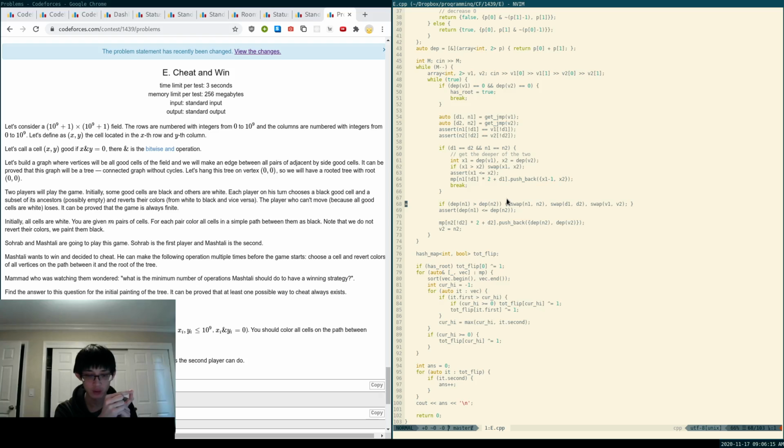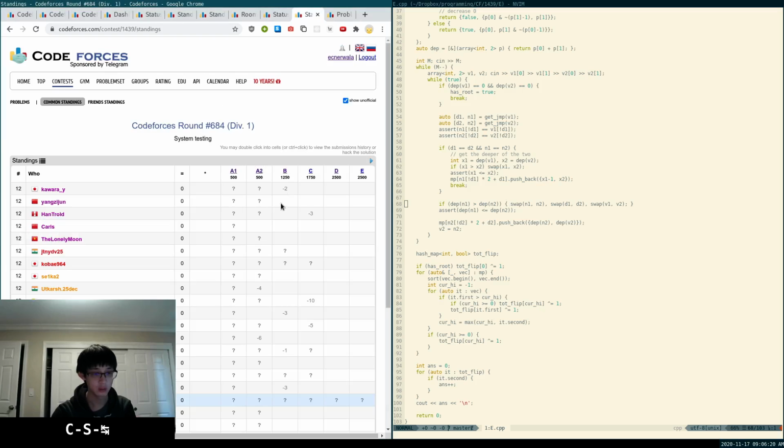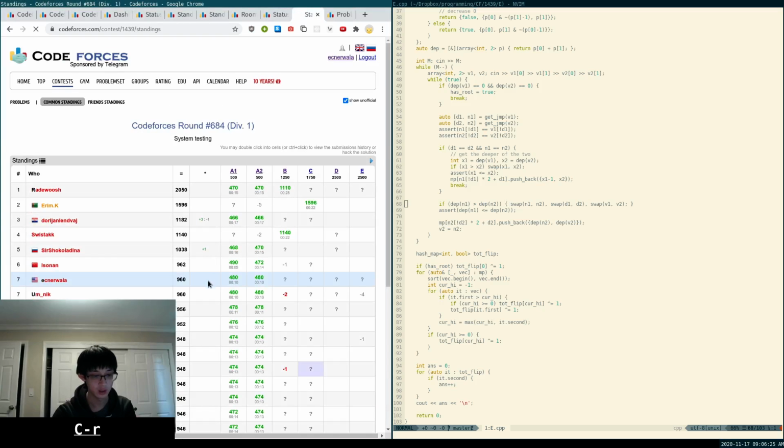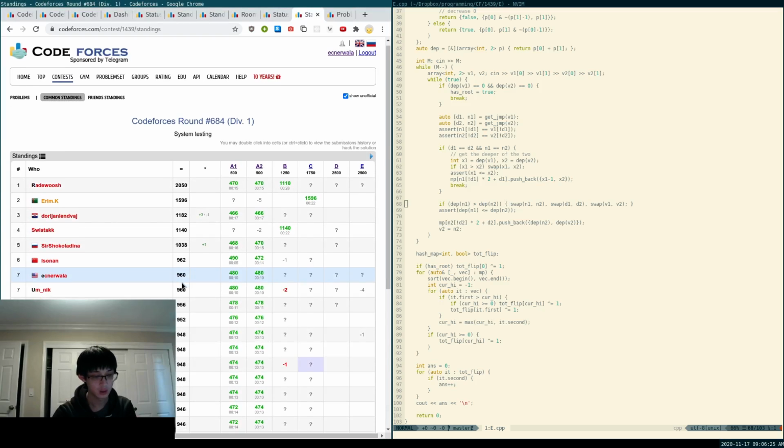Oh, is my code gonna fail? I needed to... Oh no, my code might fail. That'd be really bad. I might not have included enough things in my hash map when I'm computing these roots.